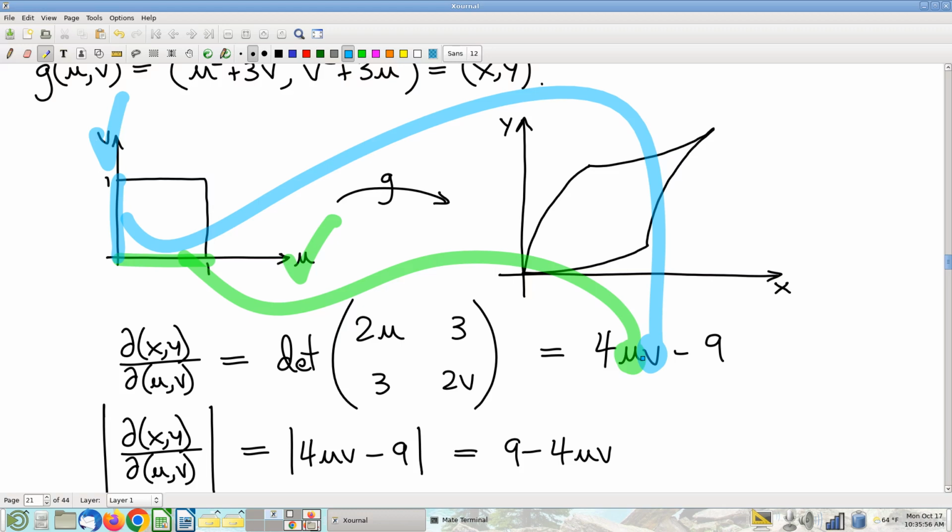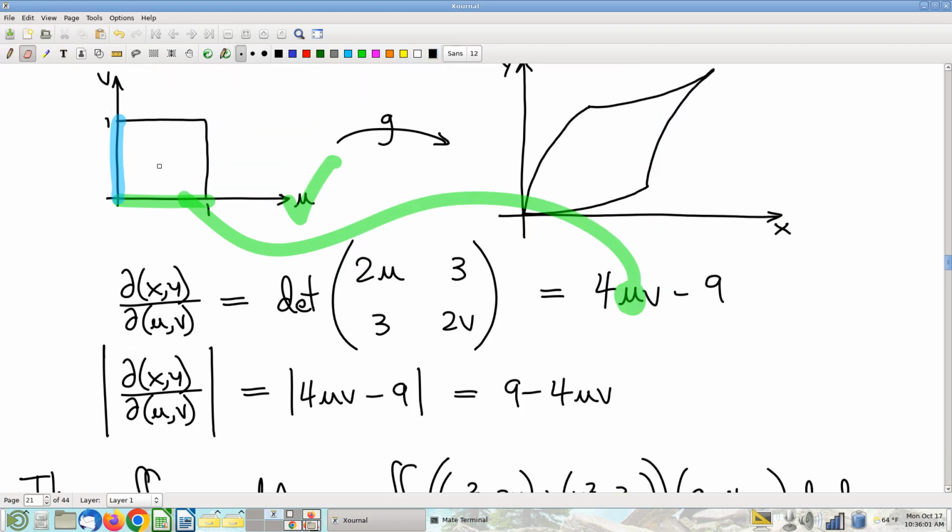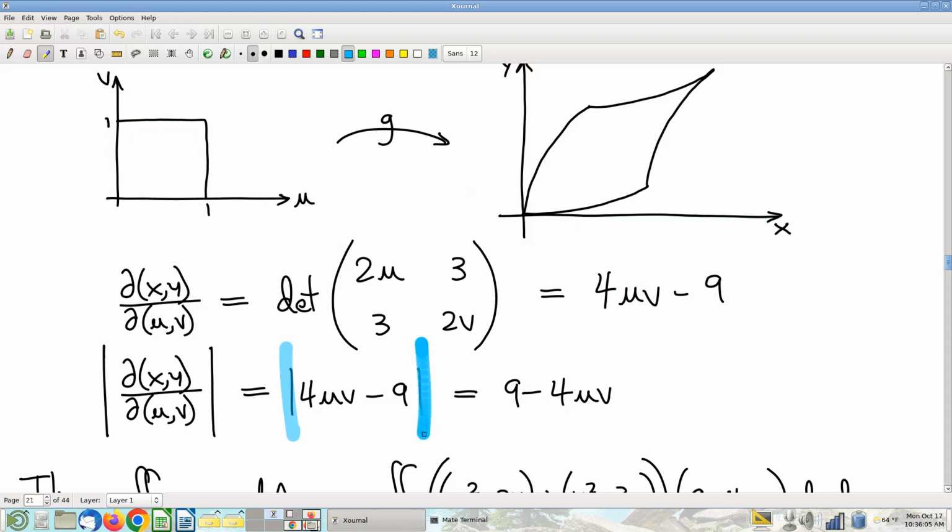And the absolute value of a negative expression is the negative of itself. Now let me pause on that. Is everybody comfortable with my claim that when you take the absolute value of a negative expression, the absolute value is the negative of that expression? It sounds weird to say.